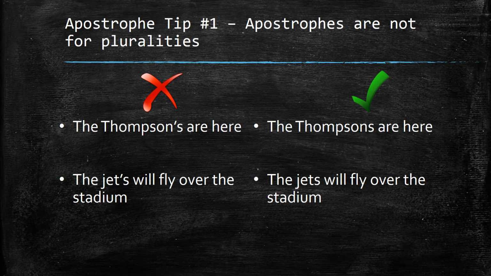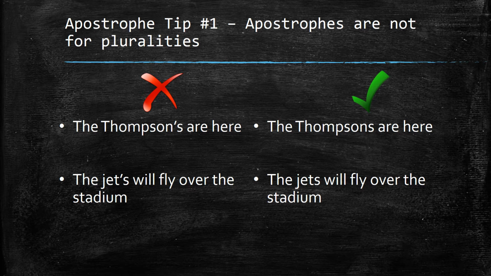But that is the wrong use of an apostrophe. So off to the right, you see the correct form: no apostrophes in those sentences there, because there is no example of possession going on. There's no contraction there, so we don't want the apostrophe there.